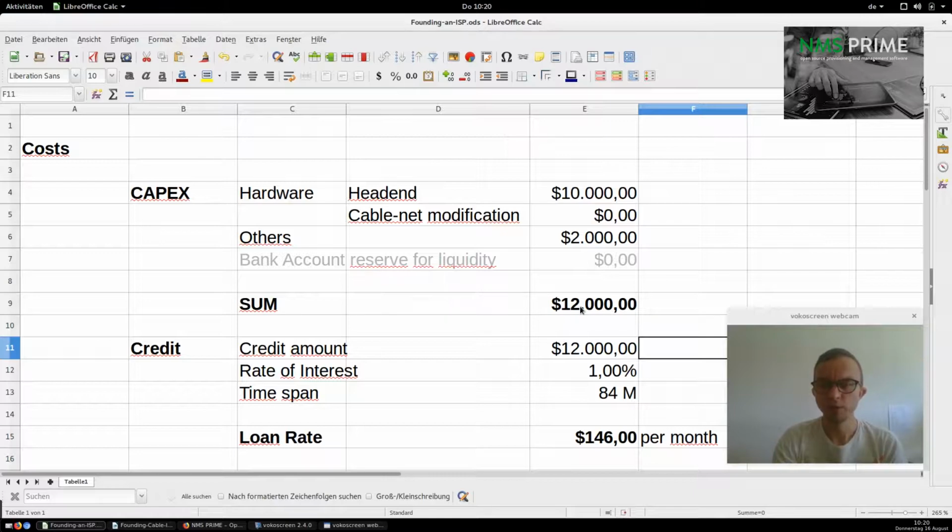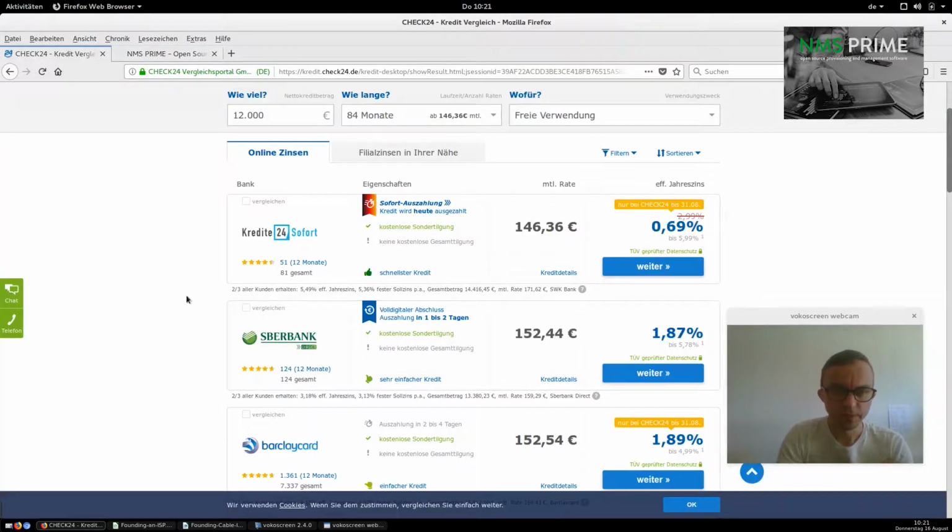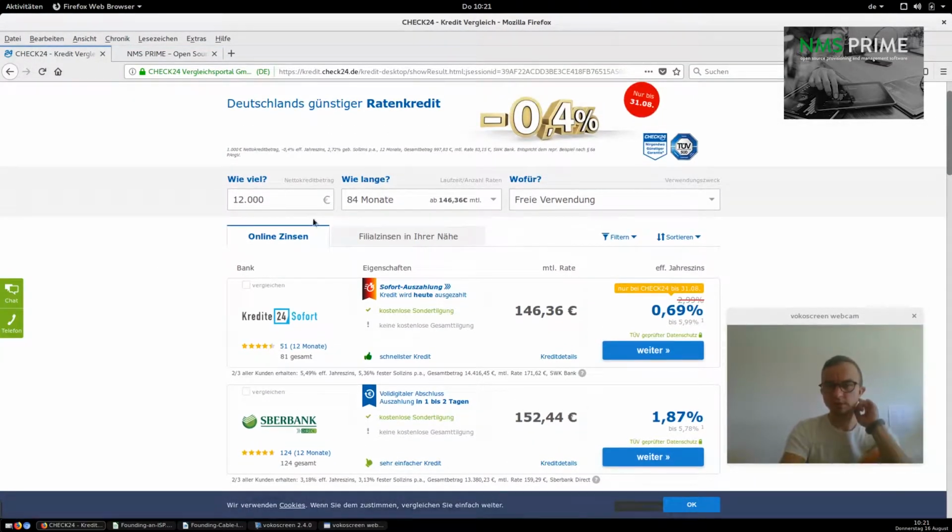And I say we don't have any money, so this means we take the money by credit from a bank. Let's check a typical credit rate or rate of interest. Here we see we've got the $12,000, and now we jump into a typical platform from Germany, and I have still searched a little bit through, and here we see we want to take 12,000 euros.